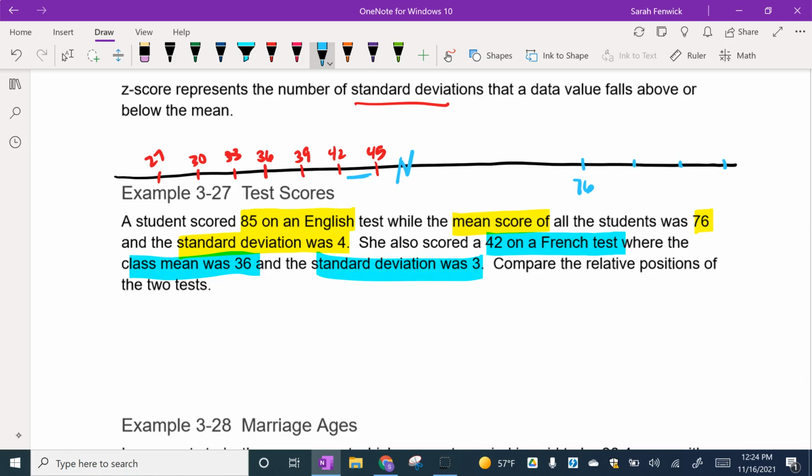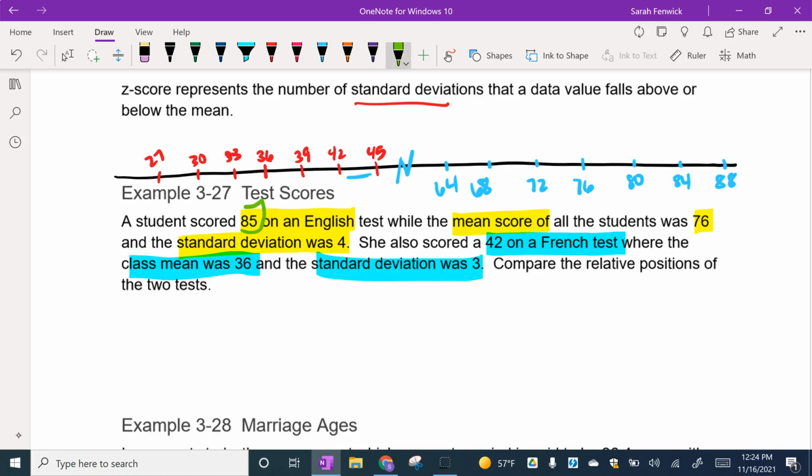Every time we move, we count by 4s. So 76, 80, 84, 88. Here we have 72, 68, and 64. Okay? So you see that my data for the English test is a little bit spread out further because it has a bigger standard deviation. Not by much, but some.